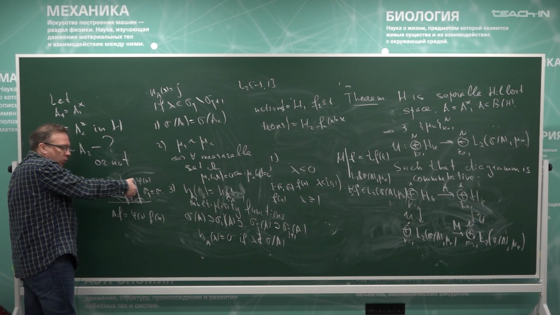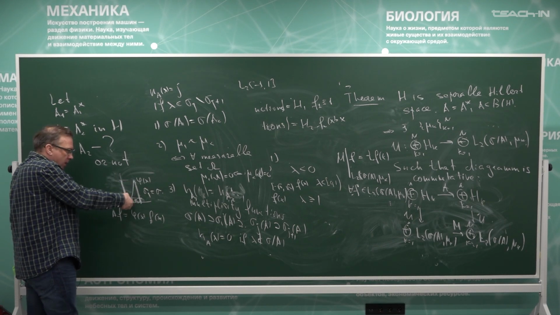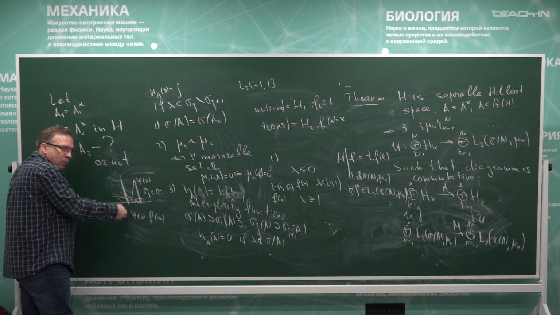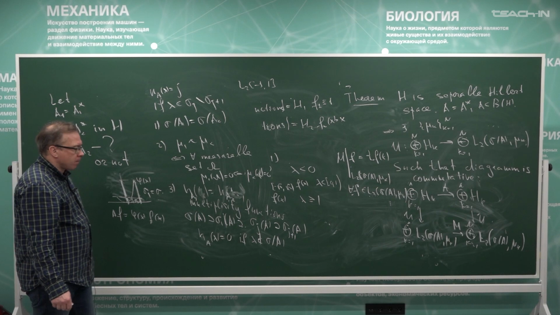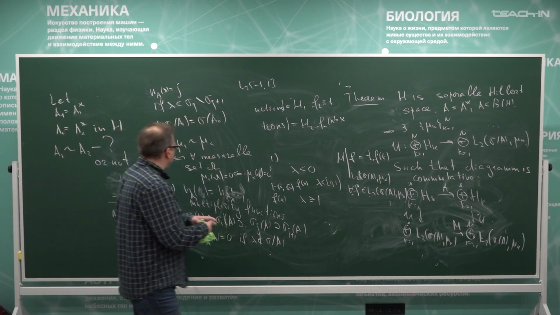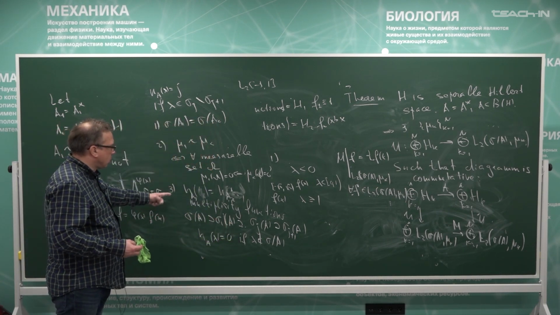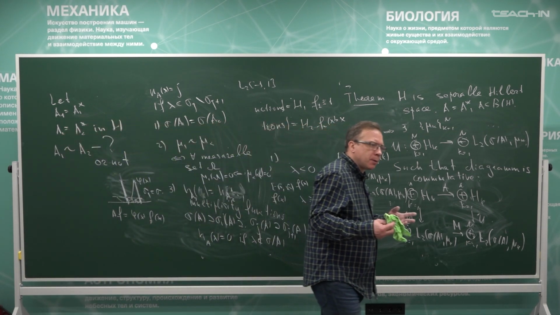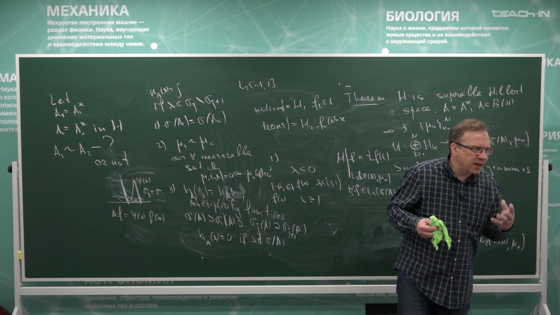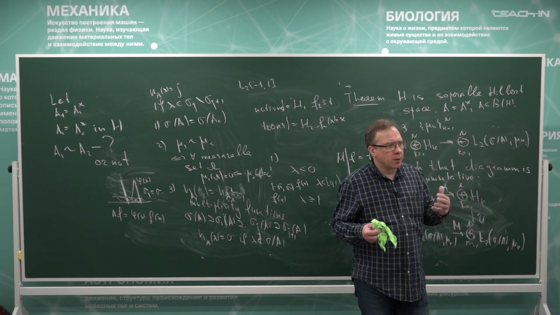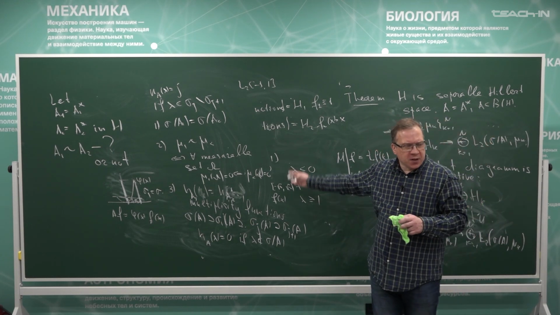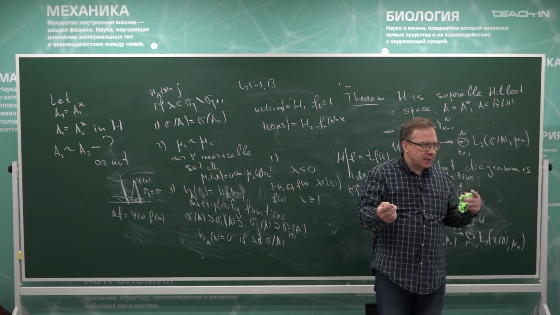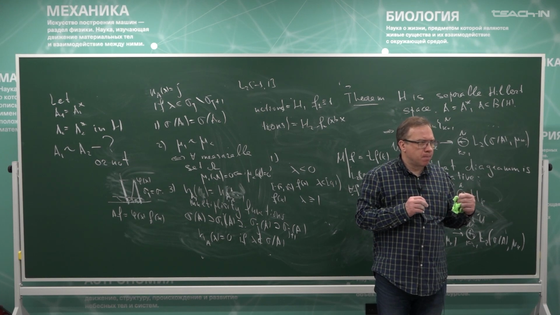Here the multiplicity equals 1, and here the multiplicity equals 2. Okay? So we have the so-called unitary invariance of self-adjoint operators. What does it mean? If all these three terms are the same, the two operators are similar.